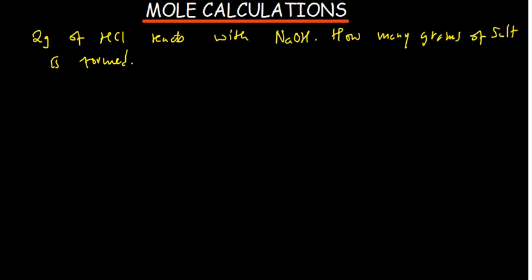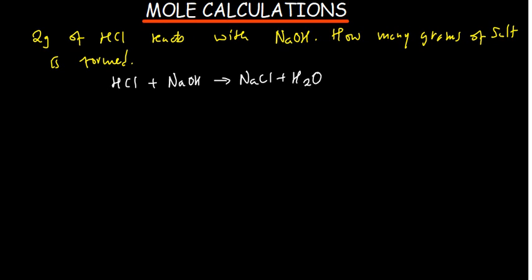Now the first thing you need to know is, for you to determine how many grams of salt is formed, first determine the balanced chemical reaction. So in here we've got hydrochloric acid, which is in aqueous. Of course, even state symbols you can leave them unless if they have asked you to write the equation including state symbols. And then this is reacting with sodium hydroxide. What you are going to form here is sodium chloride and water.